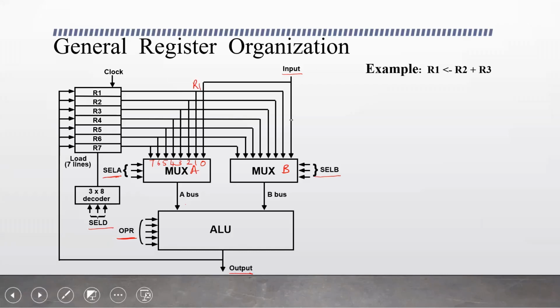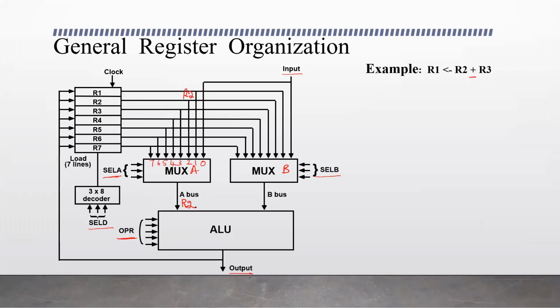So if you take this example, R1 is R2 plus R3. The arithmetic operation performed is addition on the content of registers R2 and R3. So the first input to the arithmetic and logic unit should be R2. Here this is register R2, and this multiplexer needs to select the content of R2 and place it on the bus.